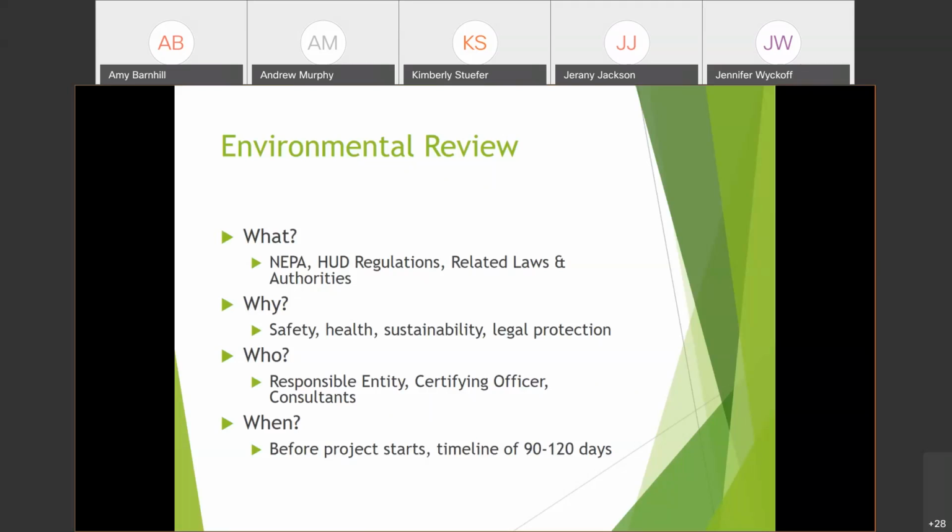And it applies to all levels of federal funding and assistance. And it generally takes anywhere from, for a more complex project, anywhere from 90 to 120 days. So make sure you build enough time into your project timeline to complete your environmental review. Next slide, please.